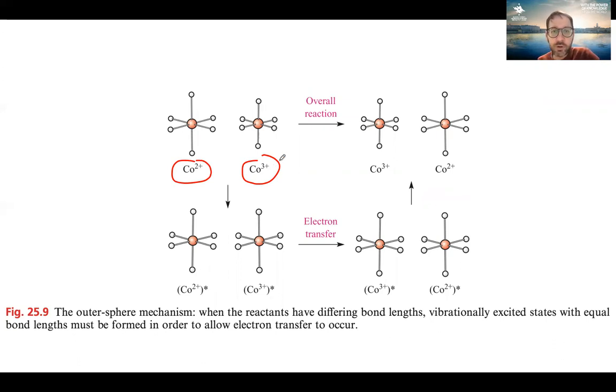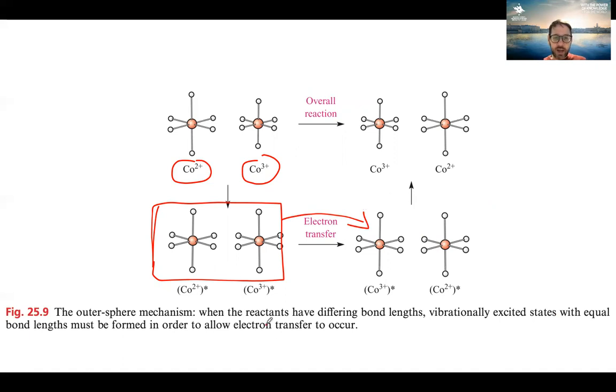It's important to note that for the reaction to take place, the formation of this precursor complex is required to increase the probability of tunneling, in which the bonds for the complex having cobalt-2 plus have to decrease a little bit, and the bonds for the complex containing cobalt-3 plus have to increase a little bit, so that the electron transfer can take place.